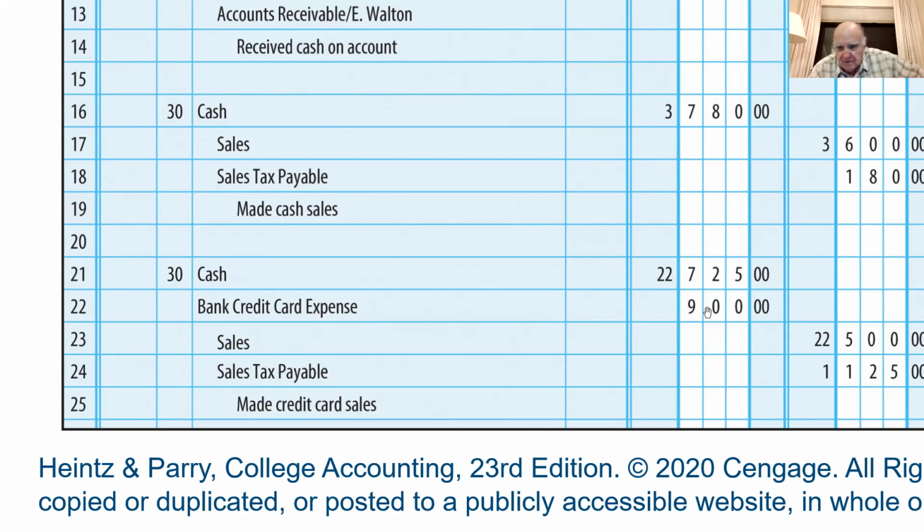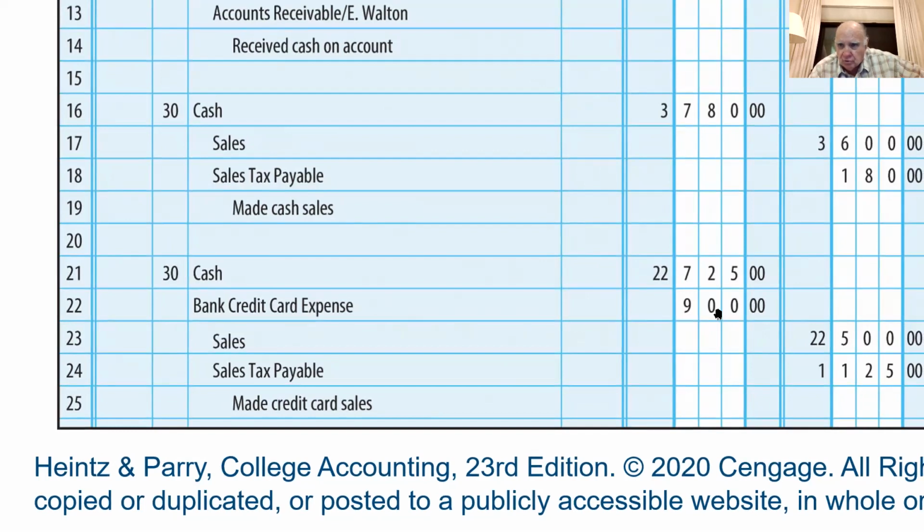The credit card fee number is going to be reducing the sales number, but since you can't debit sales, you must debit the contra account called credit card charges. I don't like that word expense. Charges would be better. And these two numbers, there's the cash. So I don't think it's too bad so far, this chapter, huh?